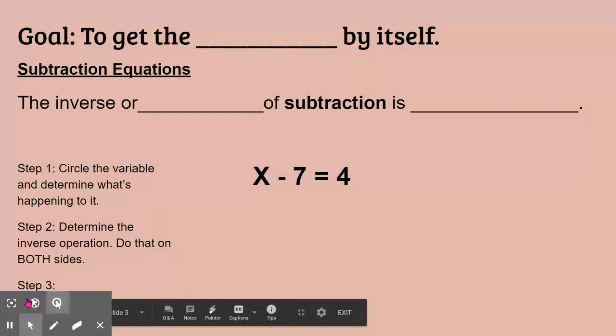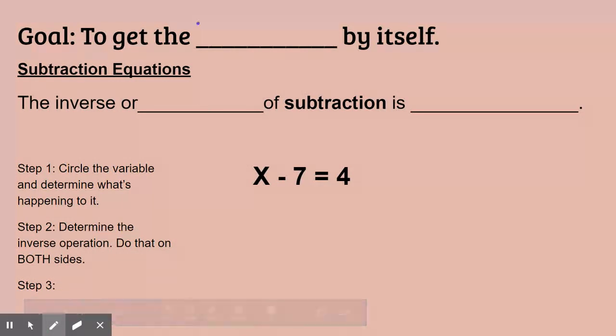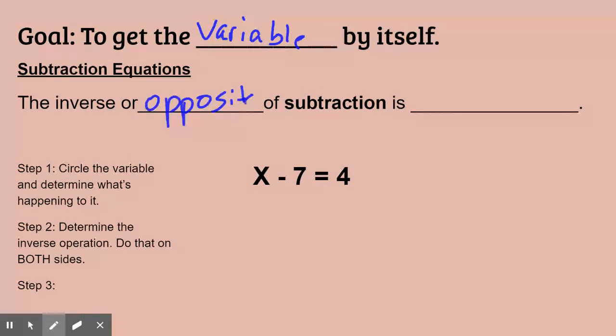All right, now let's look at a subtraction equation. Our goal is still the same, to get the variable by itself. And we're going to use inverse operations, or the opposite, to solve. And the opposite of subtraction is addition. My process is not going to change.